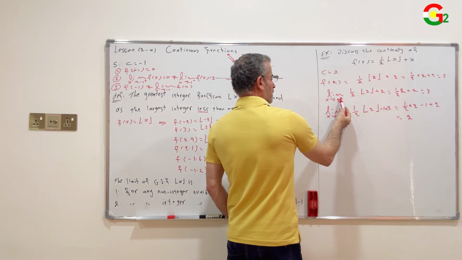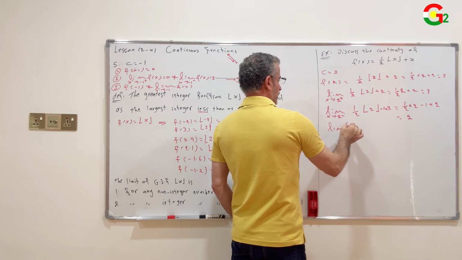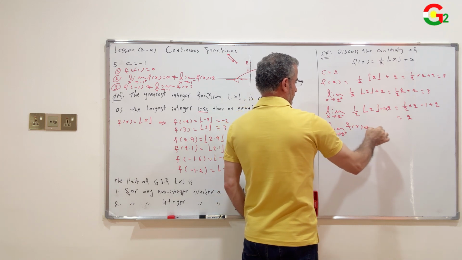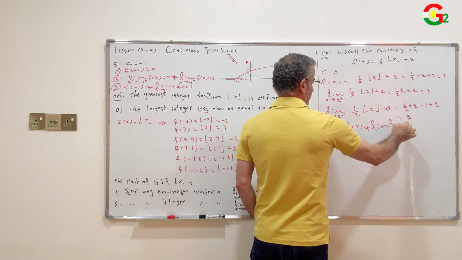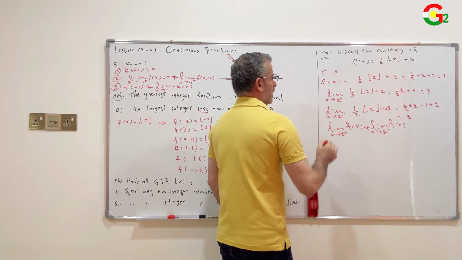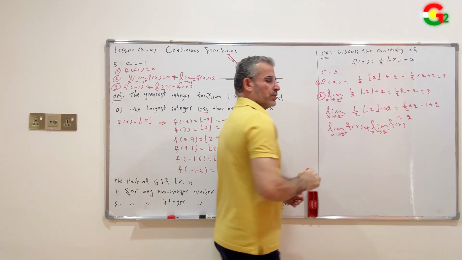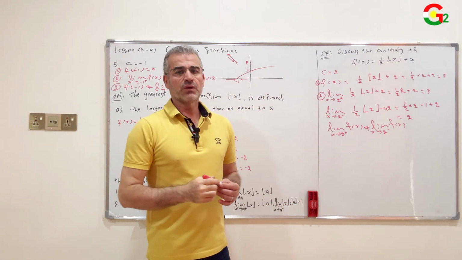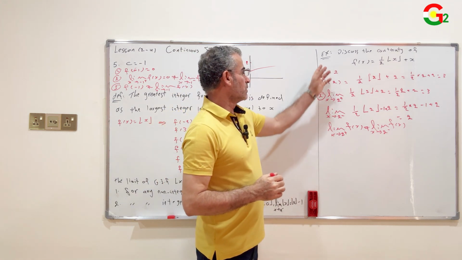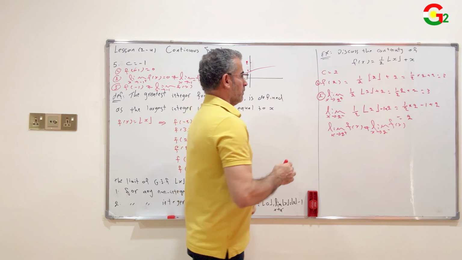Since the limit from the right is not equal to the limit from the left of this function, the limit does not exist. And the second condition of the continuity conditions is not met. Then the function is not continuous when x equals an integer number.